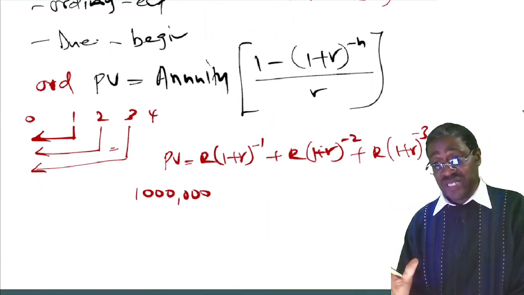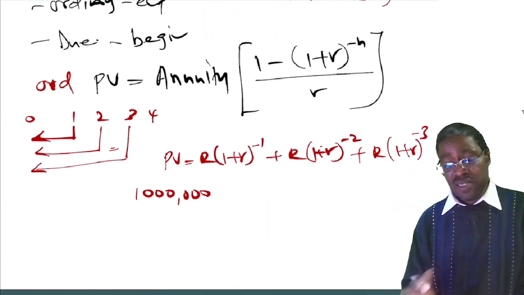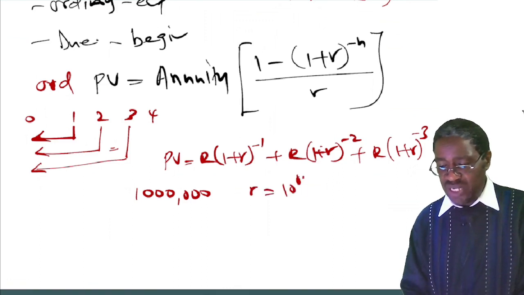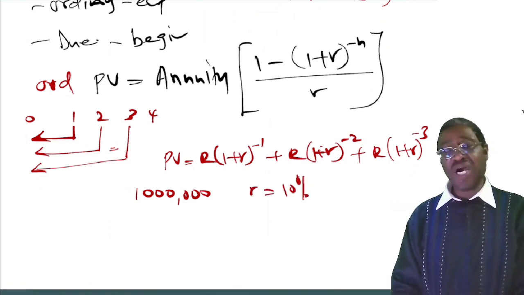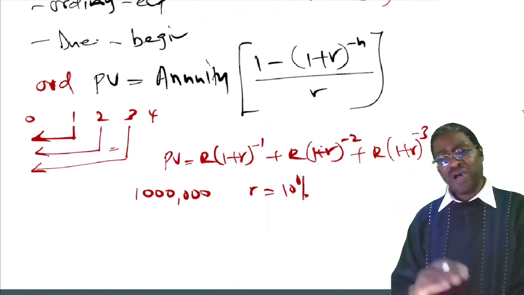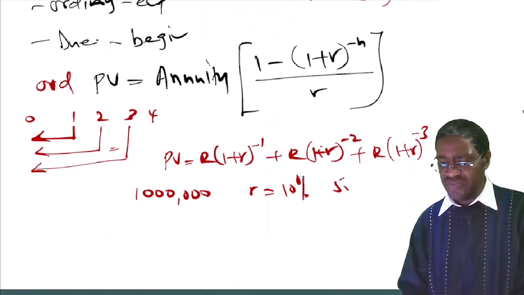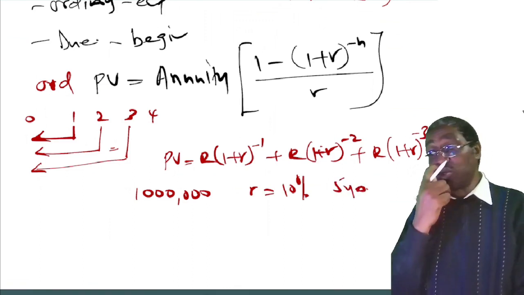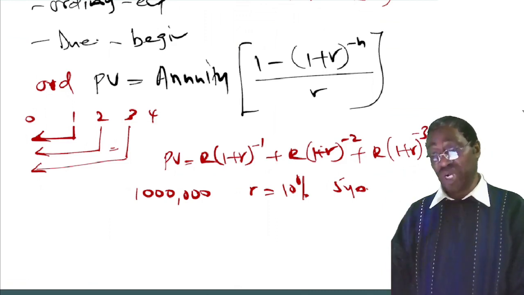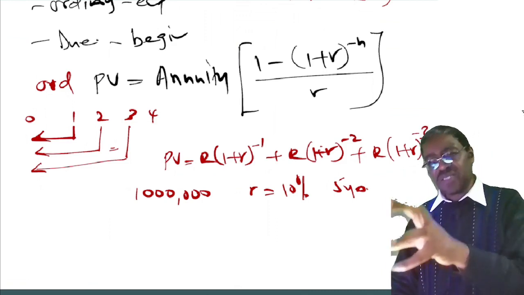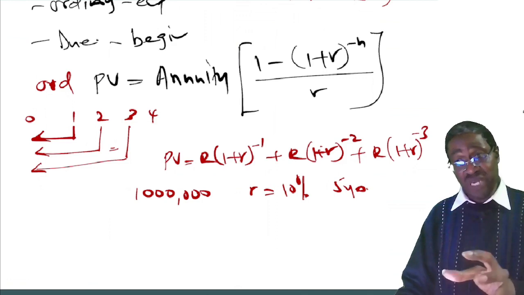Every year you will be getting that at the end. Our R, I want to assume again, is 10%. After 5 years, the investment is for 5 years, I'm going to be receiving 1 million, 1 million, 1 million. What is the present value of that 1 million?